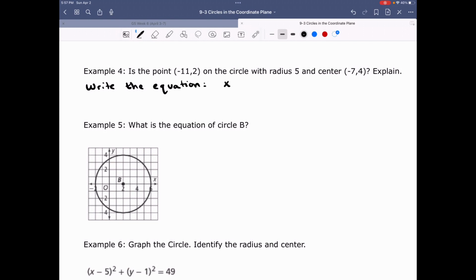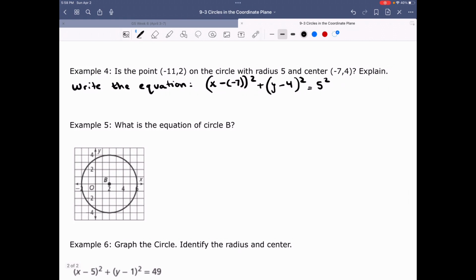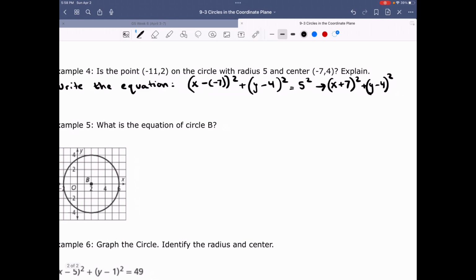So (x minus negative 7) squared plus (y minus 4) squared is equal to 5 squared, which simplifies to (x plus 7) squared plus (y minus 4) squared is equal to 25.